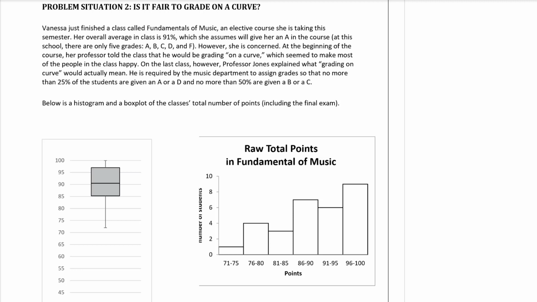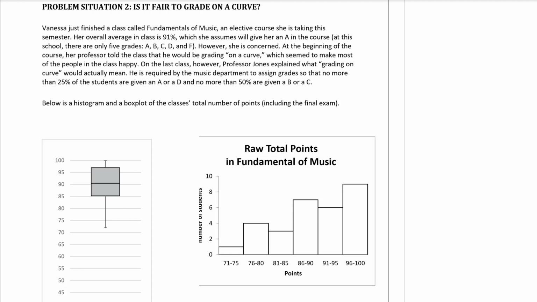Vanessa just finished a class called Fundamentals of Music, an elective course she's taking this semester. Her overall average in class is 91, which she assumes will give her an A in the course. At the school, there are only 5 grades, A, B, C, D, and F, no pluses or minuses. However, she's concerned. At the beginning of the course, her professor told the class that he would be grading on a curve, which seemed to make most of the people in the class happy.